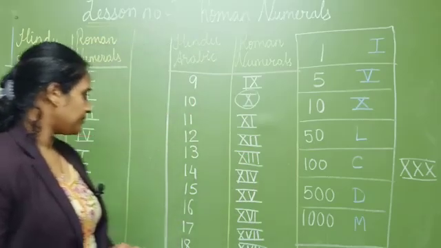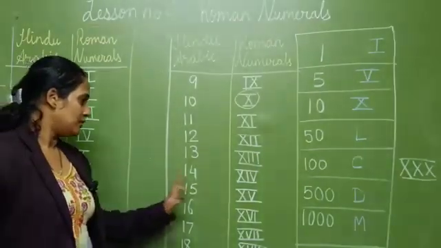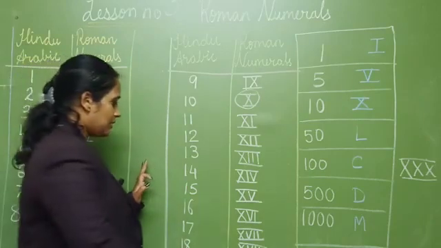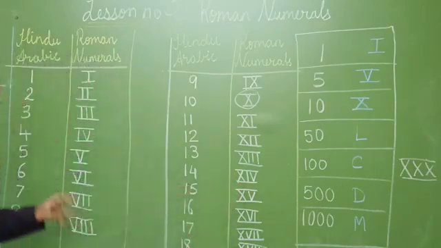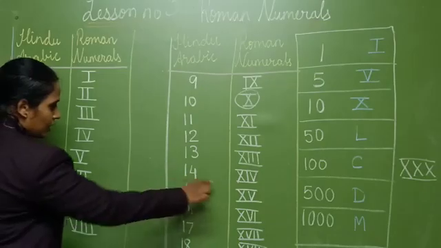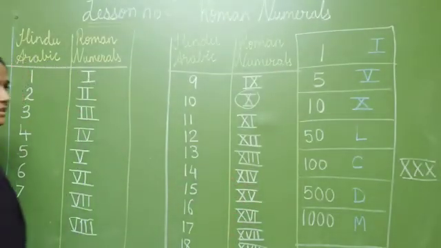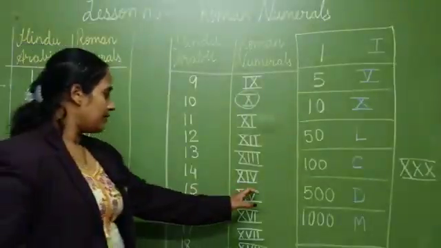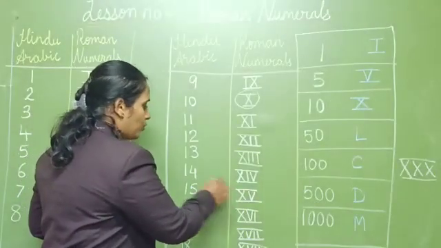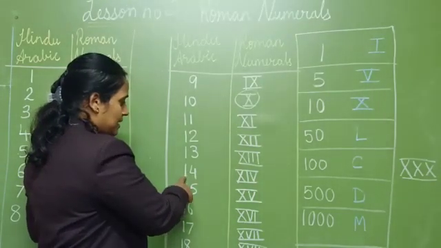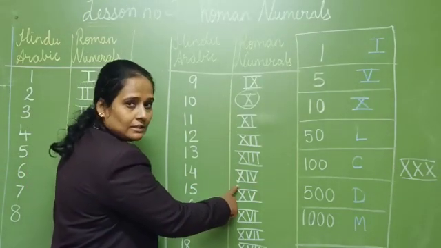Over here, like 14 is there, I'll take this example. What have we written? We have written tens and ones only. At the ones place we have 4, so we have written 4. At the tens place we have 10, so we have written 10.